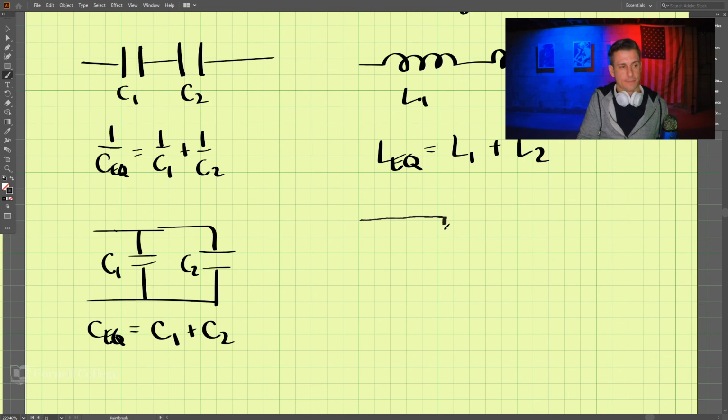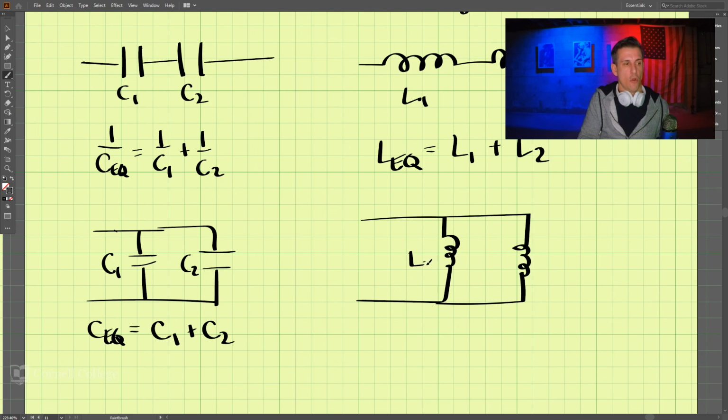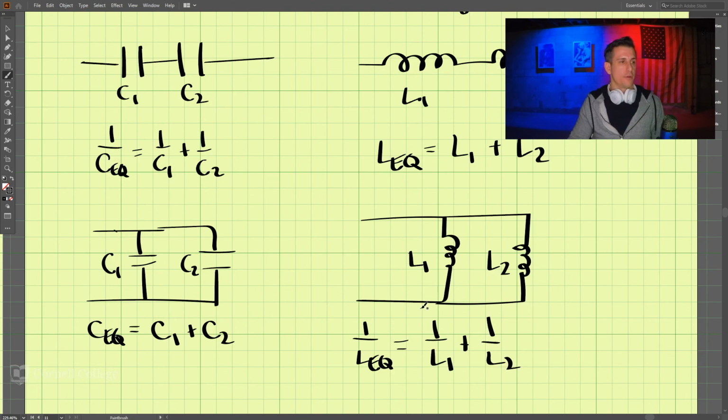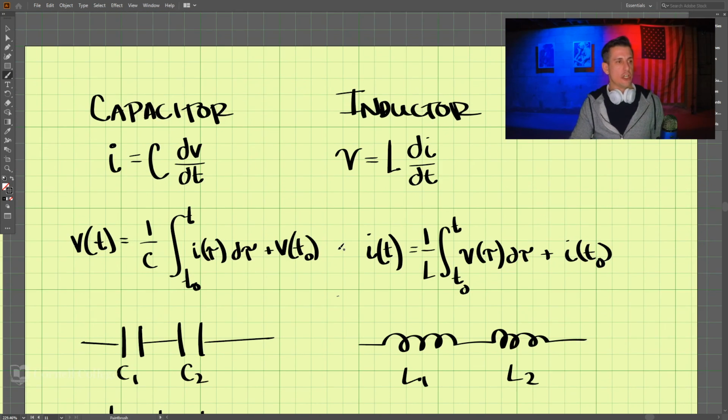And lastly, for inductors in parallel, L1 and L2, the equivalent inductance is 1 over L1 plus 1 over L2. So you see the relationship between the capacitor and the inductor.